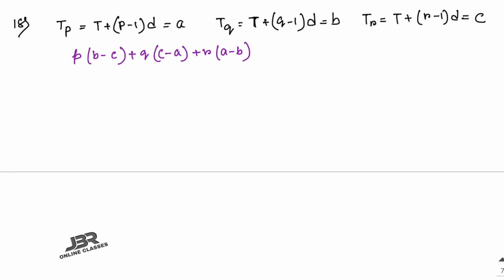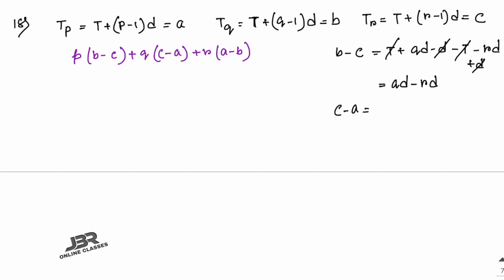First, find the value of B minus C. B minus C means T plus QD minus D, minus T minus RD plus D. T cancels out, D and D cancel out. So B minus C is QD minus RD. Next, find C minus A. T and T cancel out, and we have RD minus D minus PD plus D. Again D and D cancel out, so C minus A is RD minus PD.